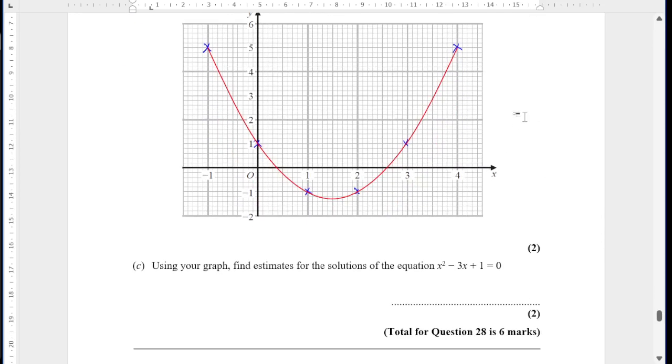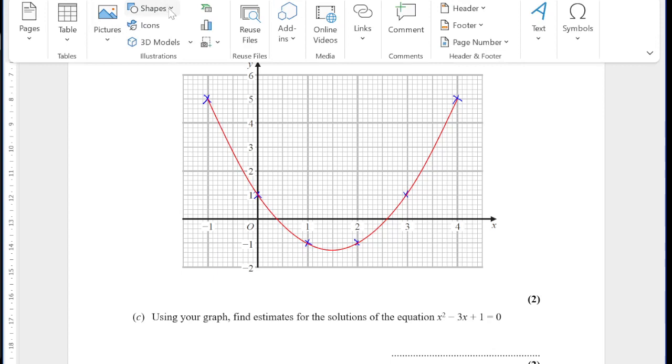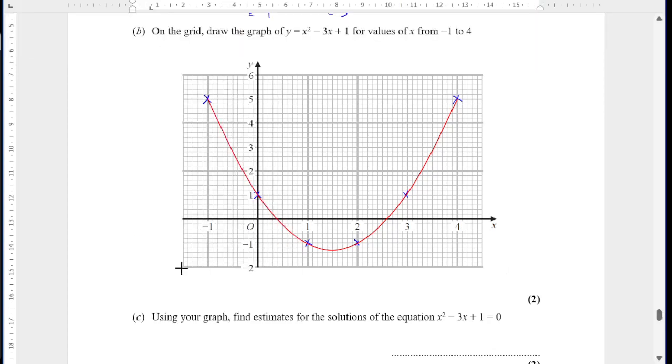And then use your graph to estimate the solutions of the equation x squared minus 3x plus 1 is equal to 0. So just double check that that's the same equation. So it is. So in effect, we need to look at where the line y is equal to 0. So we're really seeing where that crosses the x-axis.